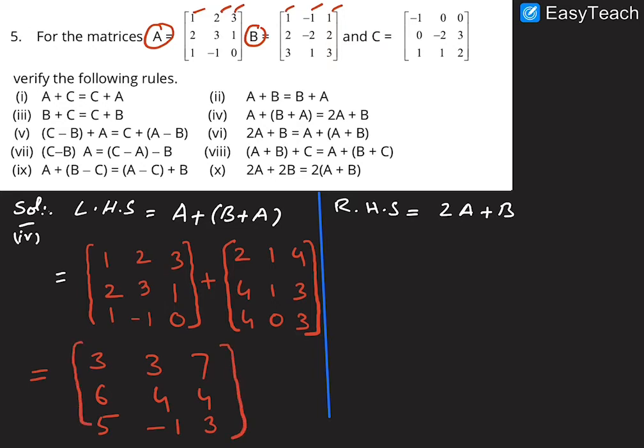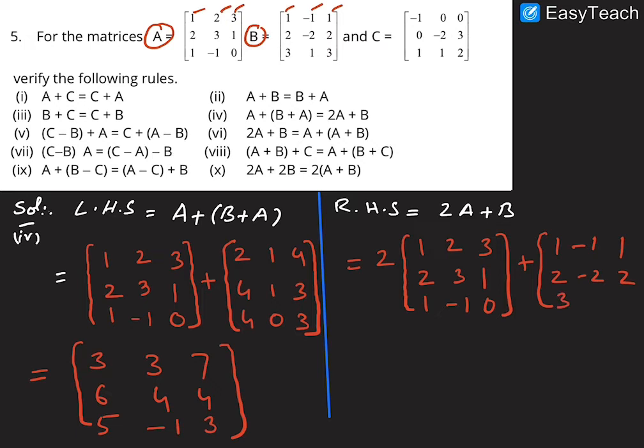Now the right hand side is 2A plus B. So first you need to multiply 2 with A. A is 1, 2, 3, 2, 3, 1, 1, minus 1 and 0. And then you need to add B. What is B? B is 1, minus 1, 1, 2, minus 2 and 2, 3, 1 and 3.